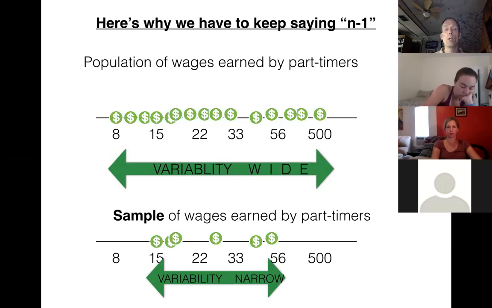So in the sample, they took a sample of 6 people out of the population. And when they did that, they just have a small bunch of numbers. It's not nearly as spread out as the population data because we don't have everybody that we have in the population. So our variance is going to be much smaller when we look in the sample.